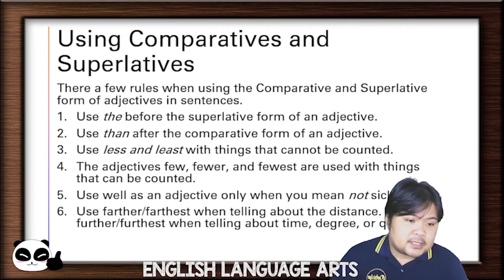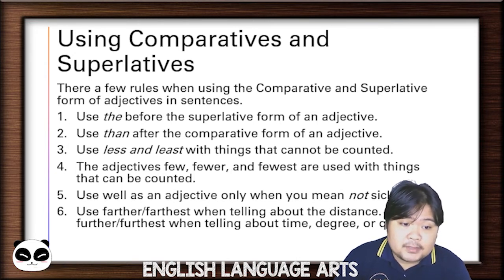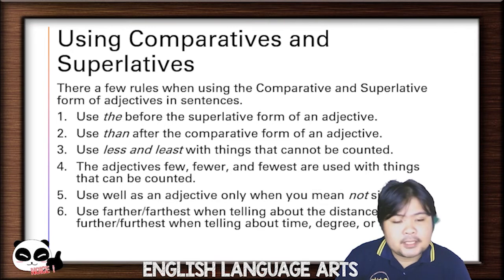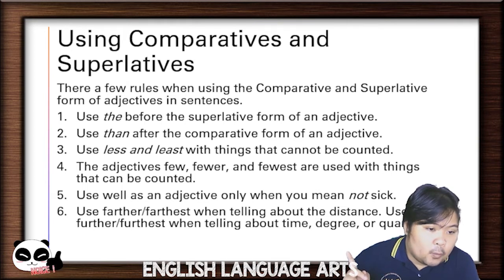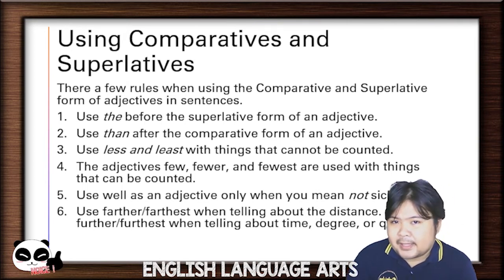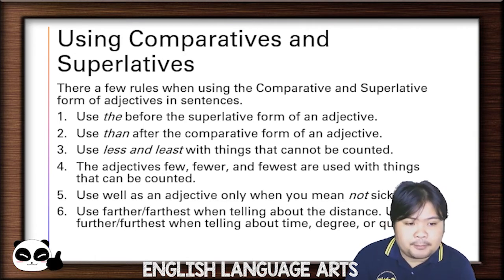There are words such as few, fewer, and fewest. These are used for count nouns, nouns that can be counted. And you have the word well. This adjective well is used when you are referring to something that is not sick, the opposite of sick.